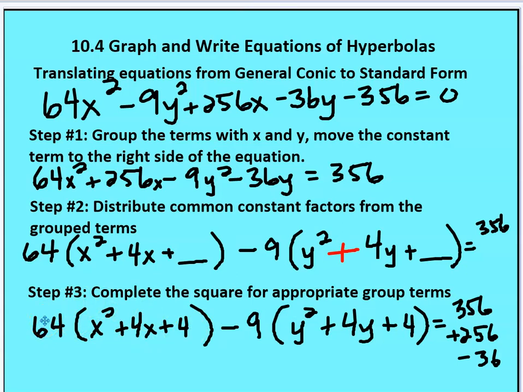So I need to account for the total value that I'm adding to the left-hand side or subtracting from the left-hand side to the right-hand side. So in the first grouping, I added 256, 64 times 4. And in the second grouping, I subtracted 36, negative 9 times 4.